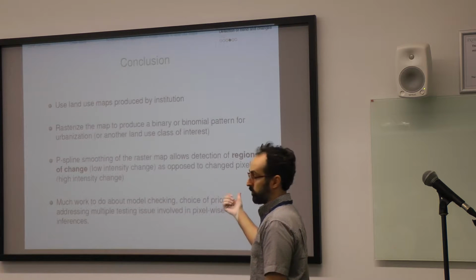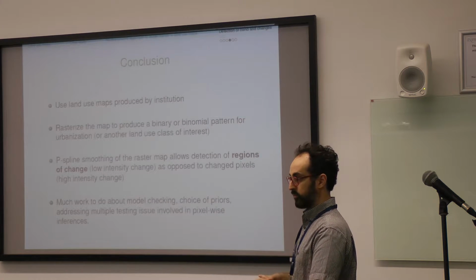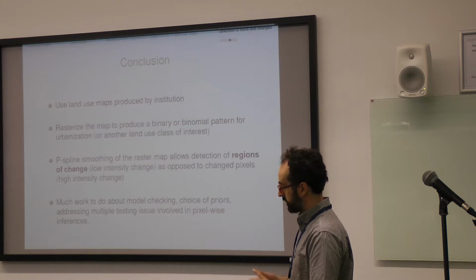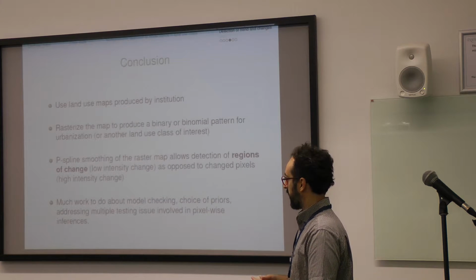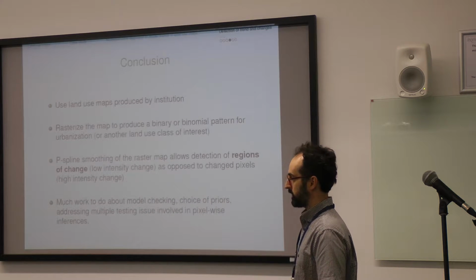I have to say that we used this approach on the Bologna dataset, Bologna city, which is not an extremely rapid environment in terms of urban growth. It's a historical city.